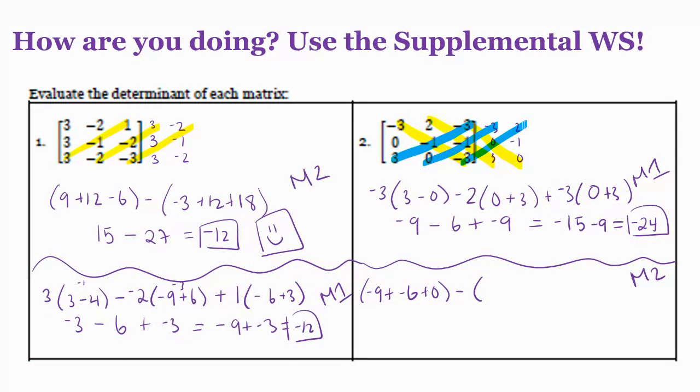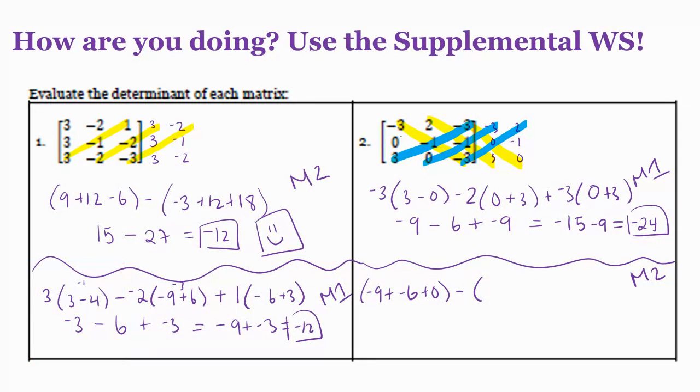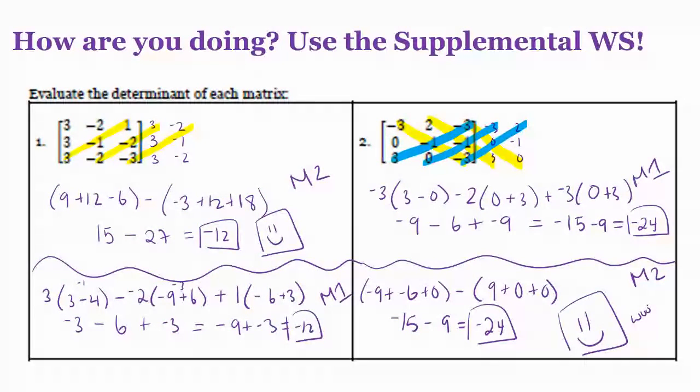Which would give you 3, negative 9, positive 9 plus 0 plus 0. Right, so negative 9 plus negative 6 gives you negative 15 minus 9, which again gives you negative 24. Yay! Woohoo!